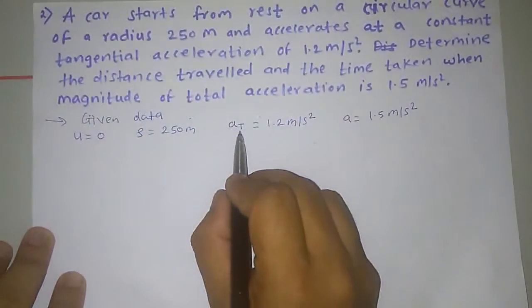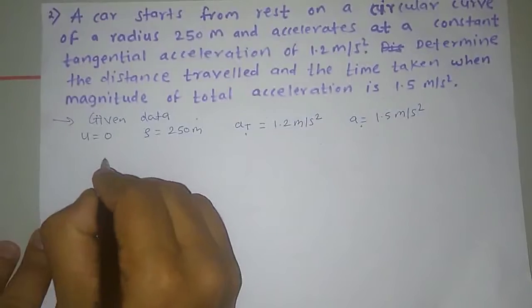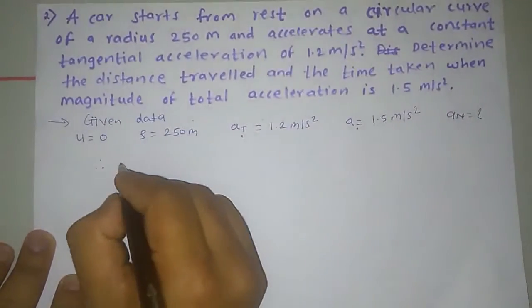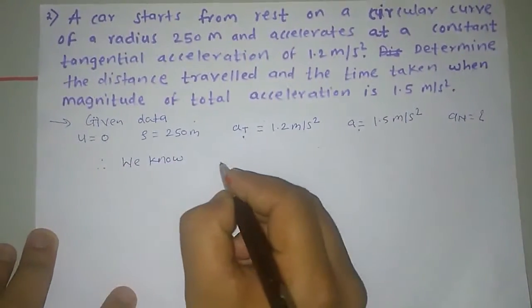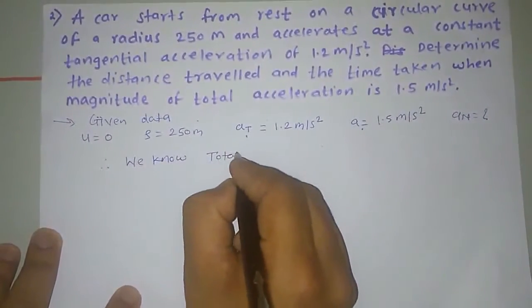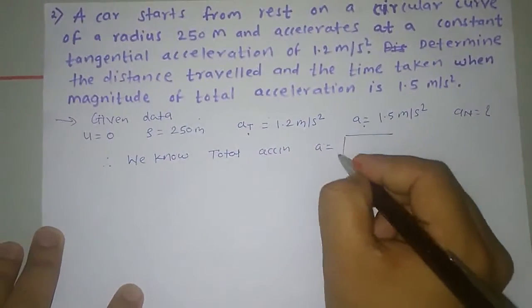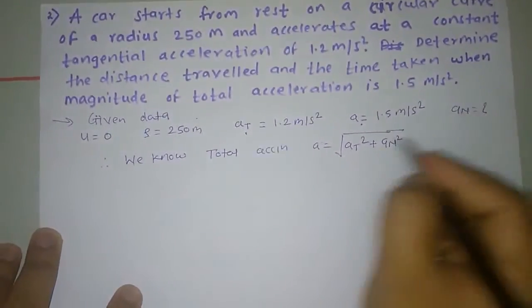Now tangential component is given, total acceleration is given. So we will find first of all normal acceleration. We know total acceleration A is equal to square root of AT square plus AN square.